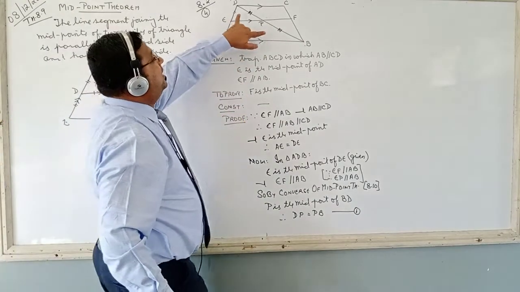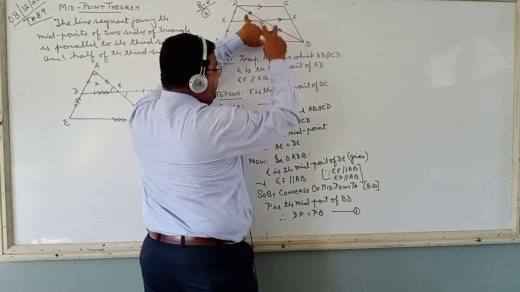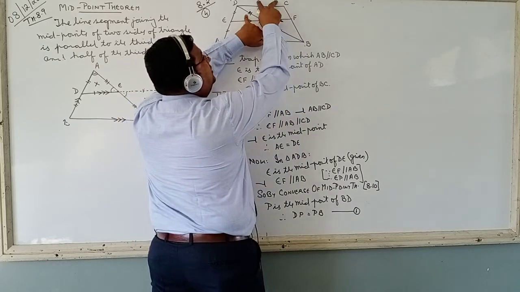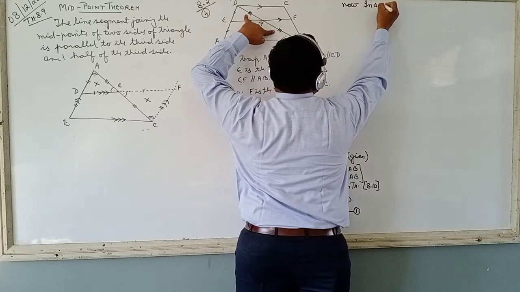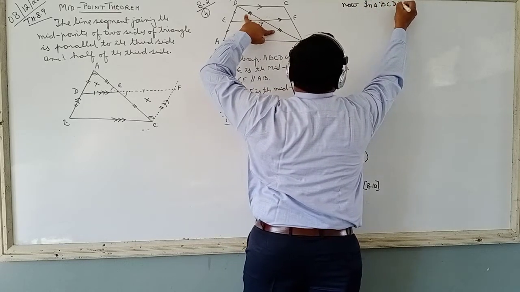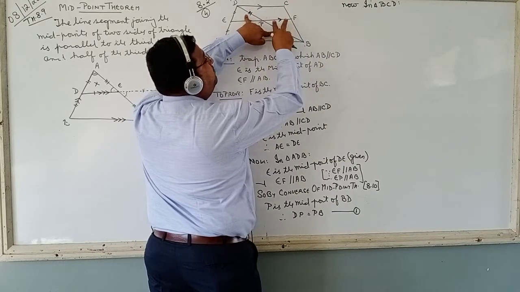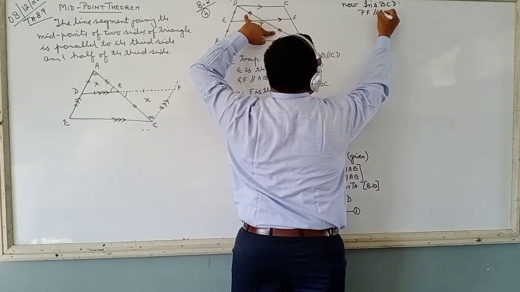Right? Now we take a look at another triangle. Will this EF also be parallel to CD? Yes, sir. So will PF be parallel to CD? Now in triangle BCD, PF is parallel to CD.